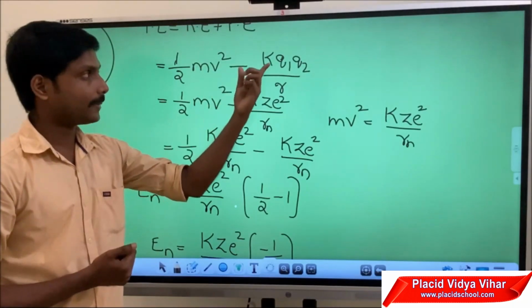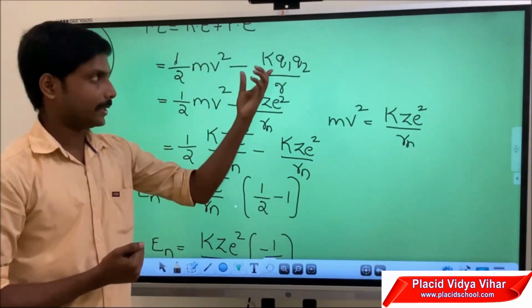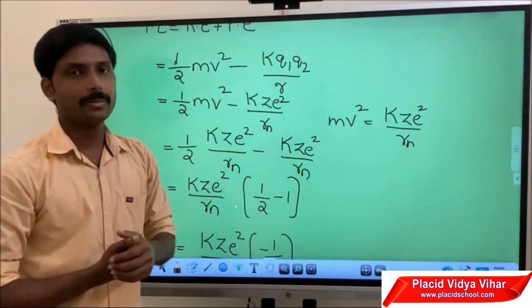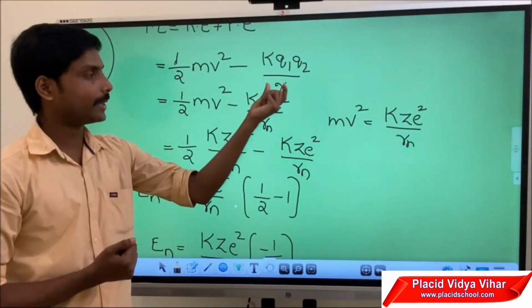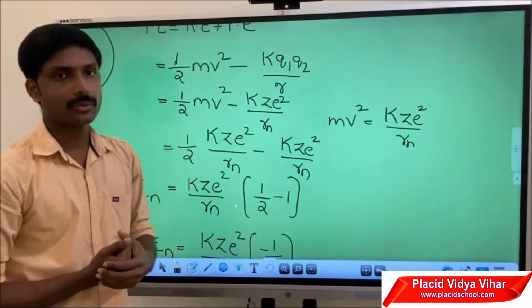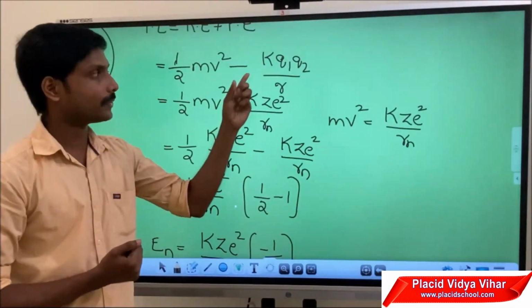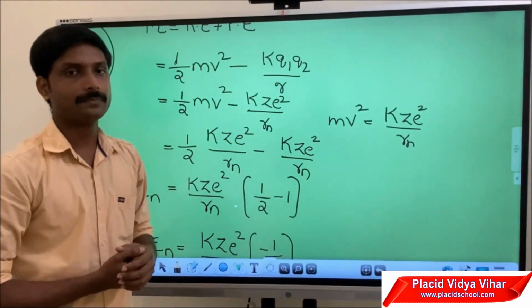Here we have a positive value for the nucleus and a negative value for the electron, so the total product will be negative. If r increases, what happens to the total value? It is increasing. So for that, we consider the negative value here.